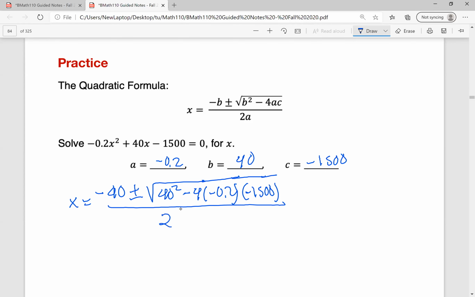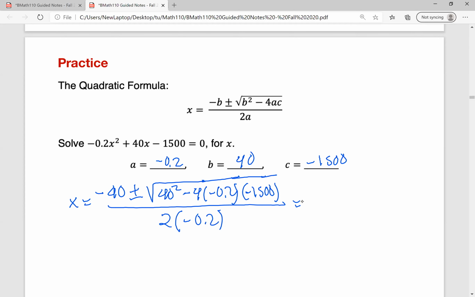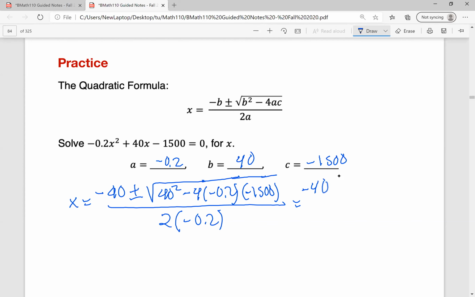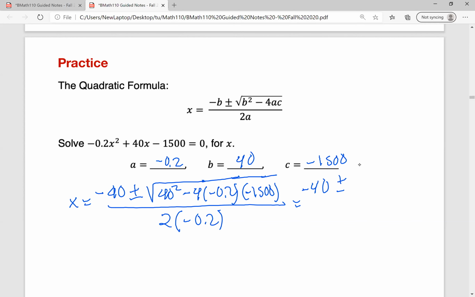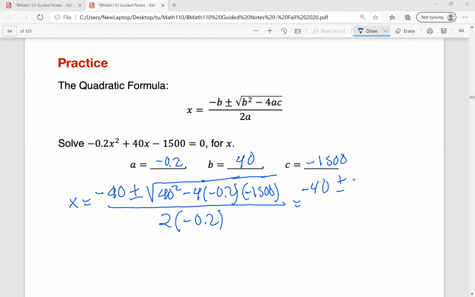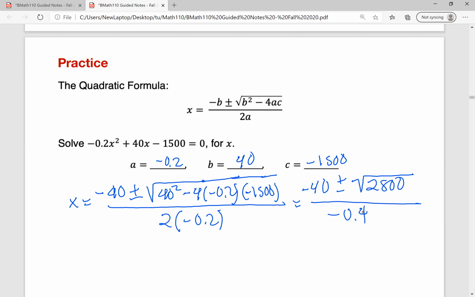Okay, so I have 2, and a is going to be negative 0.2. That will give you, okay, so negative 40 plus and minus the square root of, and you're going to use a calculator for this, 2,800.